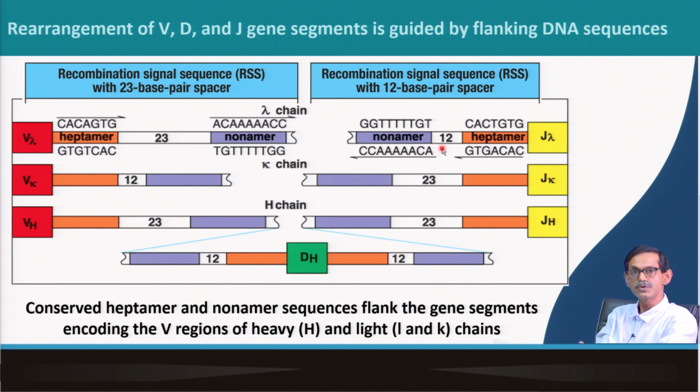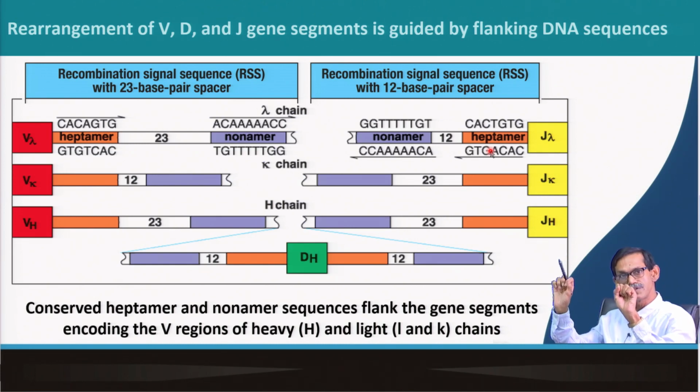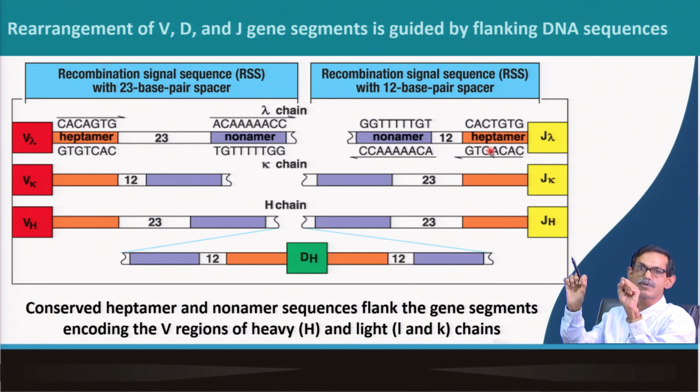So, if this is true, that means a 23-23 base pair spacer containing heptamer will not join. Similarly, heptamers with 12 nucleotide spacers will not join. What I mean is, if two segments have heptamers on both sides with 12 and 12 spacers, which you can see in DH, look at the DH part.